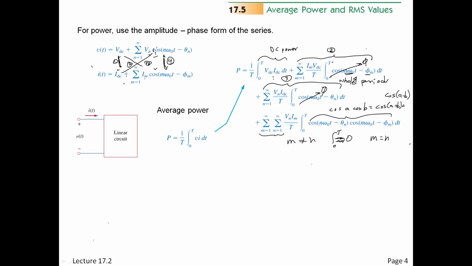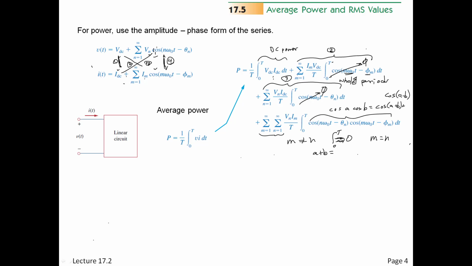So if we apply that with m equal to n, we've got cosine. Let's just take it here. A plus B will be equal to cosine of 2n omega 0 t, and the phis and the thetas are the same.